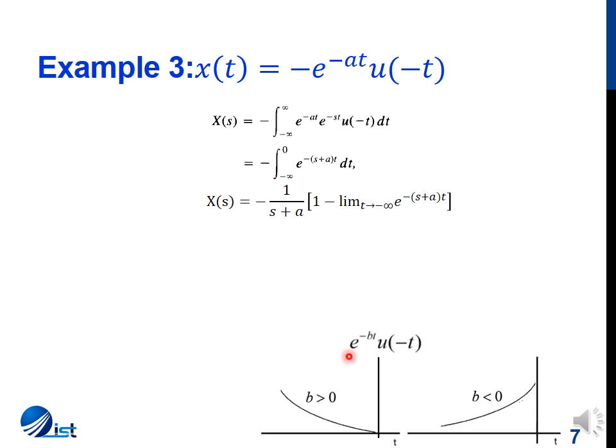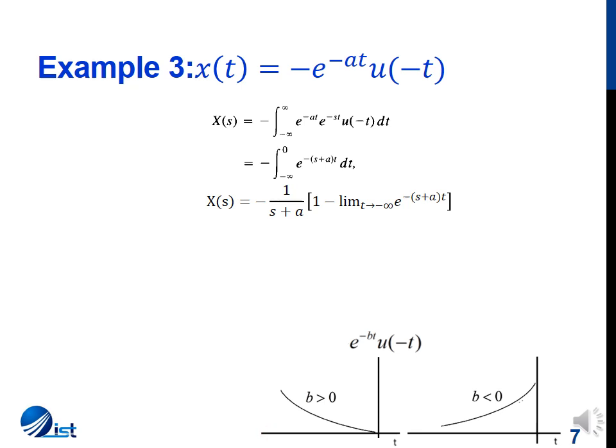for a function e minus bt, u of minus t, we'll see that once the power of exponential is positive, which means that our exponential is a decaying exponential. It means that when time is equal to minus infinity, the value e minus bt is infinity.